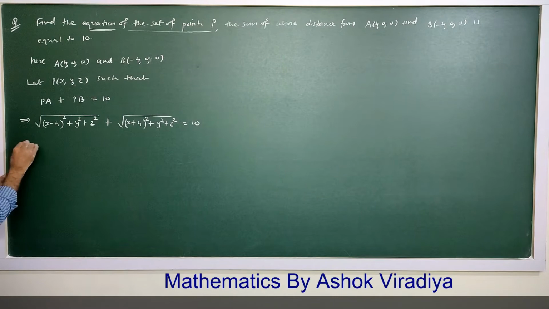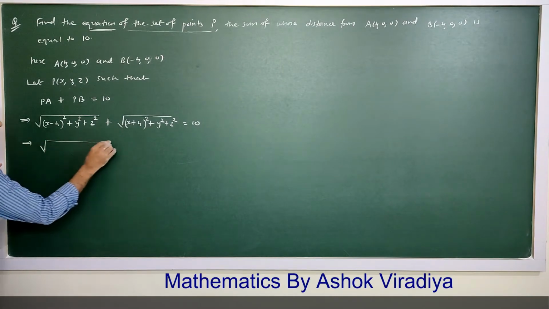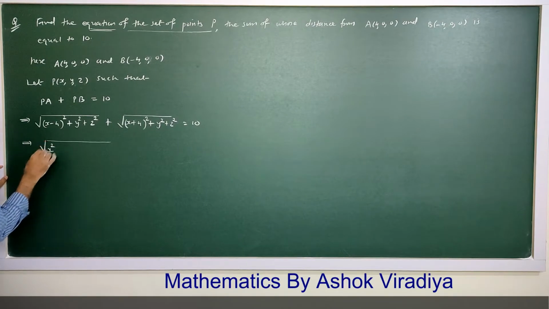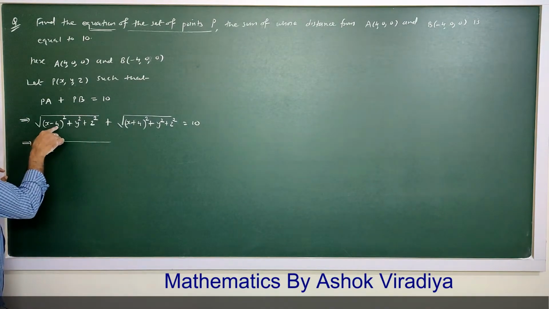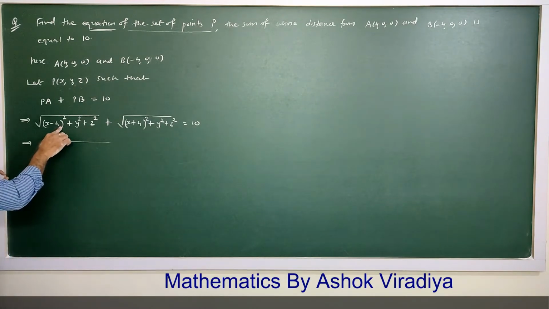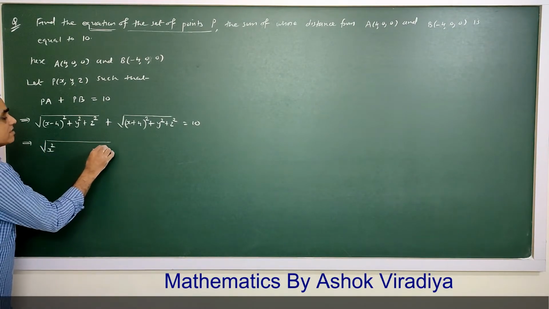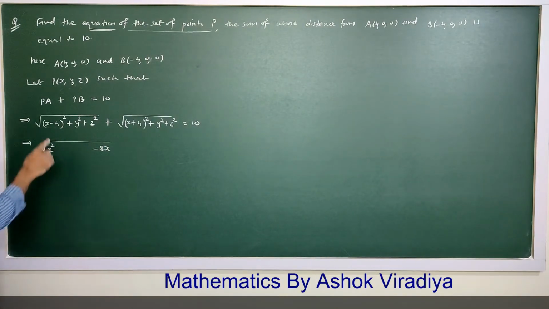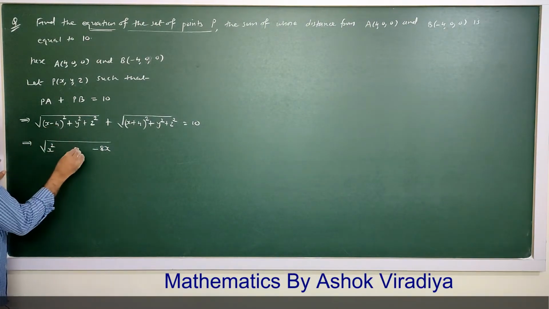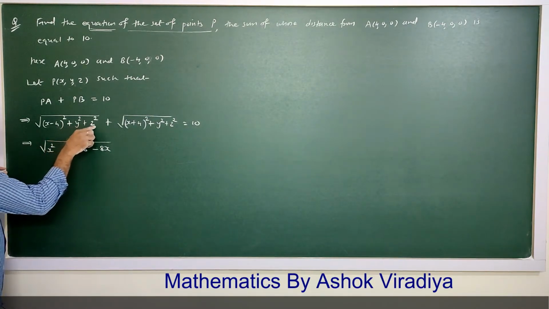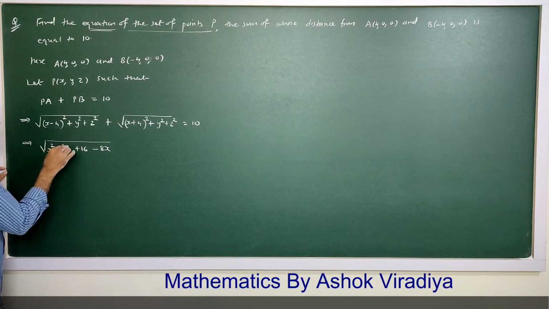This implies square root of, here first term is x square, middle term is minus 8x, I am putting inside x square minus 8x plus 16, y square z square keep as it is.